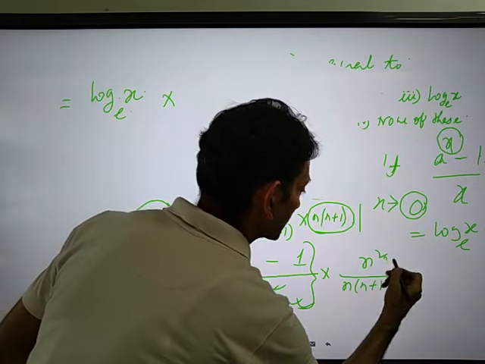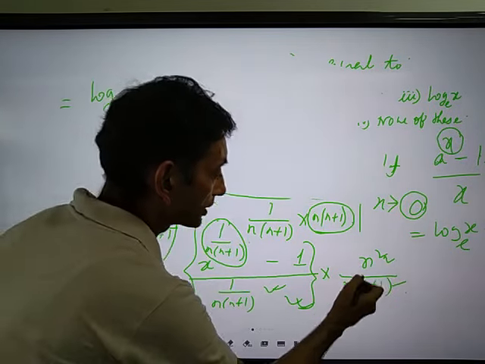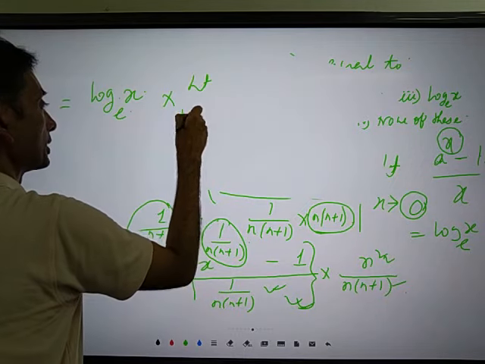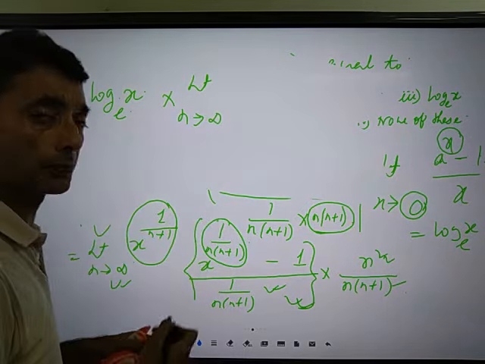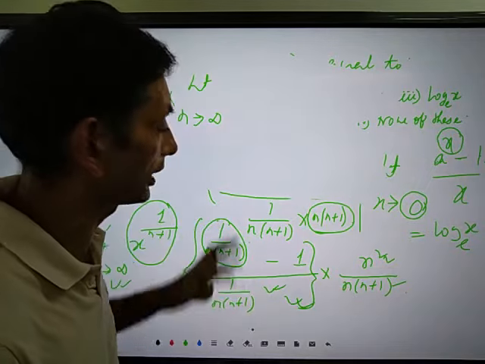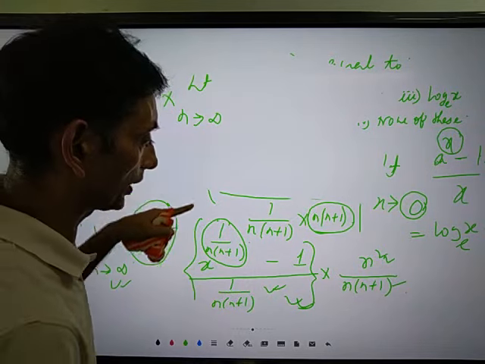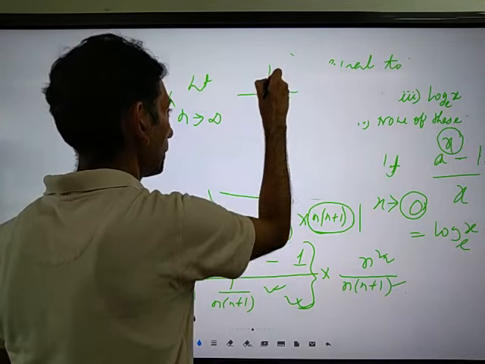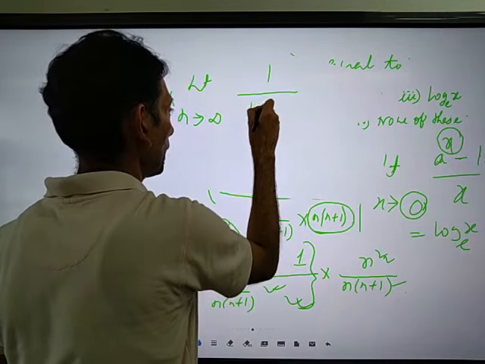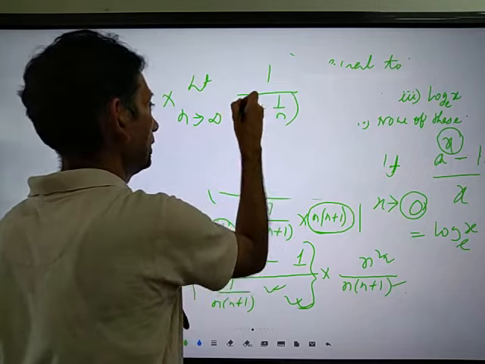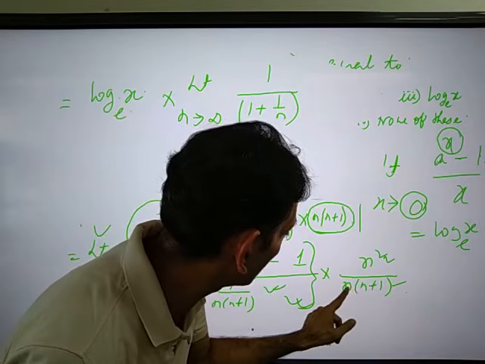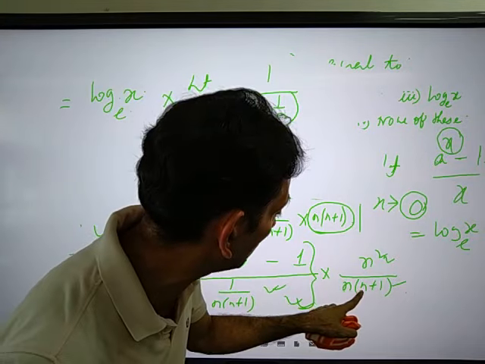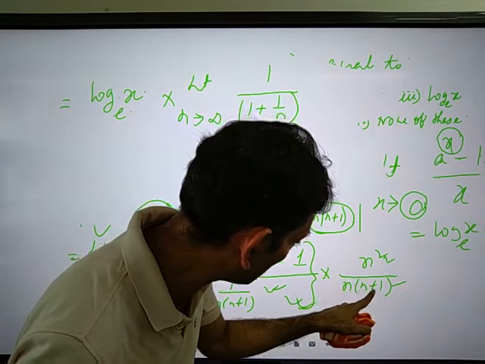If we take limit on this expression, n tend to infinity, in fact you can directly take the limit, so I'll just write one extra term, limit n tend to infinity. If I divide both numerator and denominator by n square, this will be 1, and this will be 1 plus 1 by n. Done? Because if you multiply, this will be n square plus n, and if you divide both numerator and denominator by n square, this will be 1, and this will be 1 plus 1 by n.